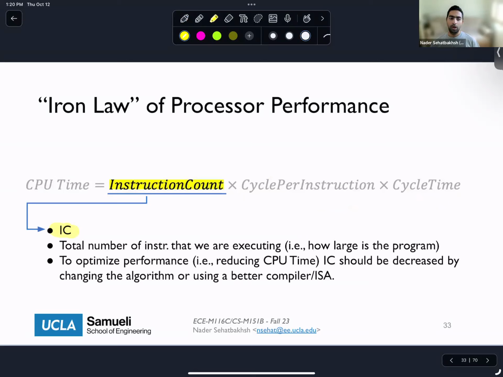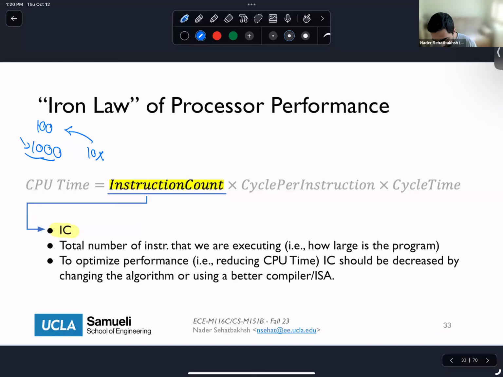In other words, how large is our program? For example, if you're running a program with 100 instructions versus another program with 1,000 instructions, if everything stays the same, I'm expecting that the CPU time for the larger program is 10 times more. This is kind of straightforward. If I need to run more instructions, the time it takes to run them is more, okay?